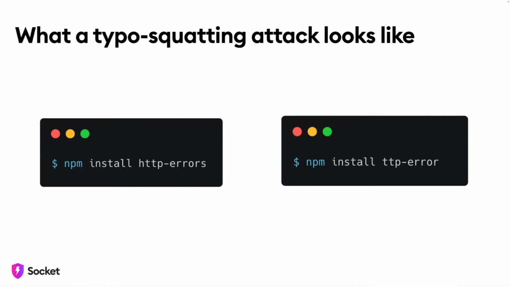It works really well and has a lot of users. I think it has 52 million weekly downloads, so it's very, very popular. And then there's this other package over here on the right called ttp-error. As you can tell, there's a letter or two missing there. If you ever accidentally mistype your install command and you've accidentally installed the wrong package, this attack can happen to you. And so this second package here is really not okay to use.